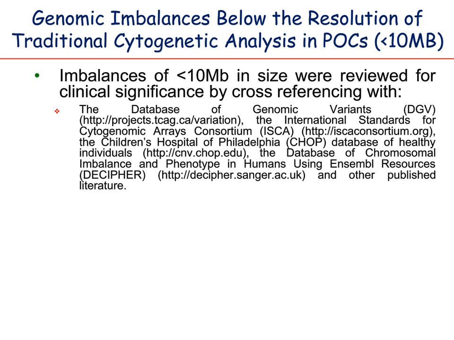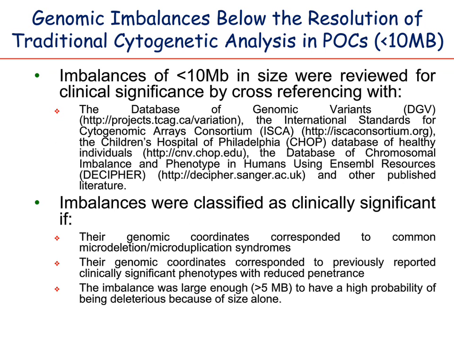So what we did was review these for clinical significance by cross-referencing with relatively standard criteria using common databases of normal variants like the DGV, the Children's Hospital of Philadelphia database, in-house databases, etc. Imbalances were classified as clinically significant if their genomic coordinates corresponded to common microdeletion or microduplication syndromes, if their genomic coordinates corresponded to previously reported clinically significant phenotypes with reduced penetrance, or if the imbalance was large enough, let's say greater than 5 megabase, to have a high probability of being deleterious because of its size alone.